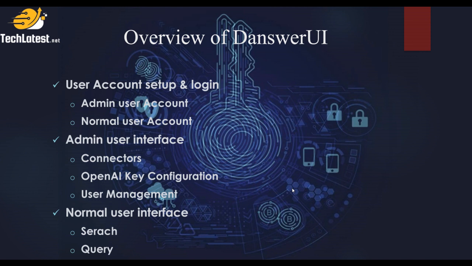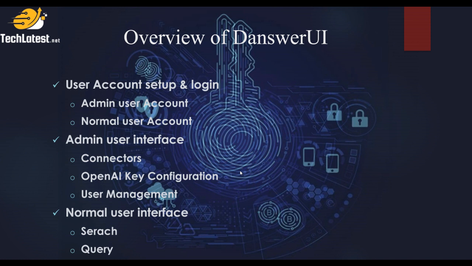We will show you the demonstration from AWS, GCP, and Azure. After starting your VM or setting up the VM, you can work on the Dancer UI. So, what is Dancer UI? Basically, Dancer UI is a dashboard where you can find all the settings. You can find the connectors, and the various apps.